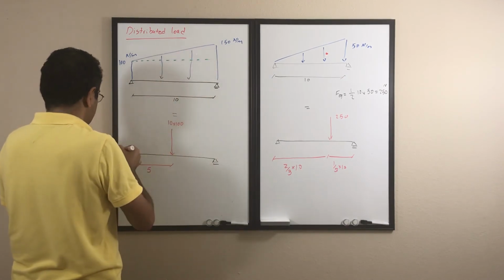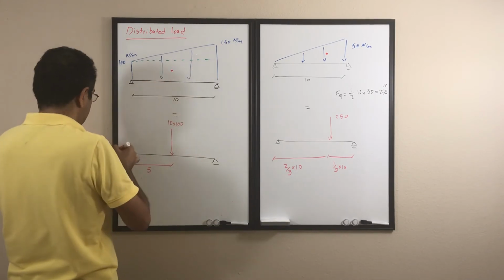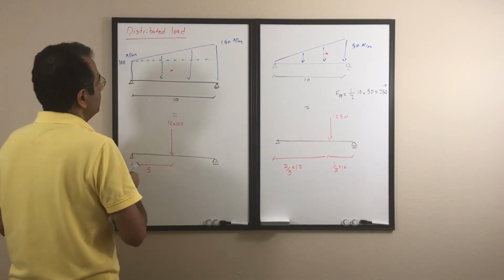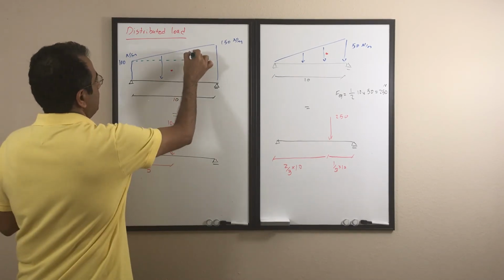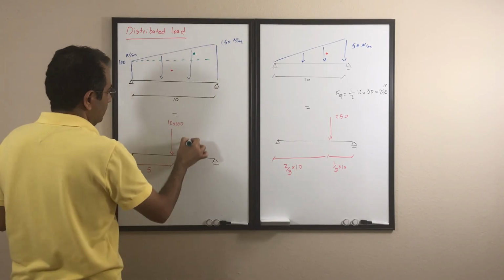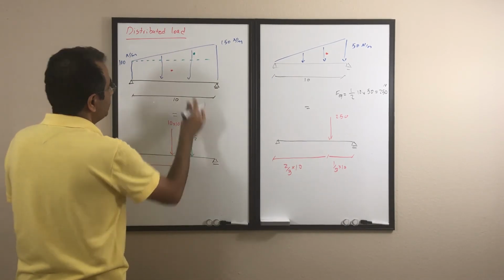The other one is going to be right here at the centroid of that triangle, somewhere here. And the magnitude is the area of that triangle.